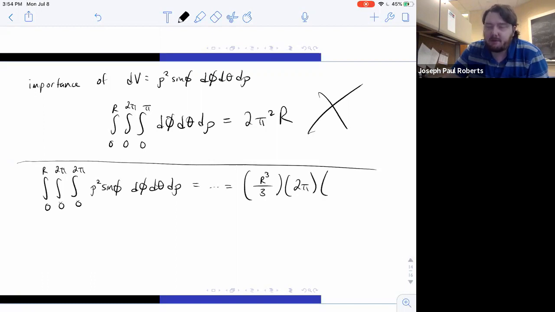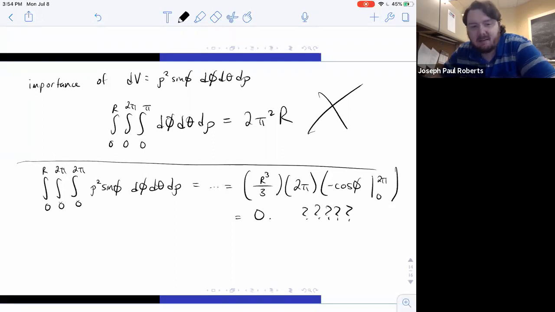But when you do the antiderivative of sine phi, you get minus cosine phi. If I do that between 0 and 2 pi, cosine phi is 2 pi periodic, so that actually cancels out and you get 0. So it's like, what? The volume of this sphere is 0? I don't think that's right.